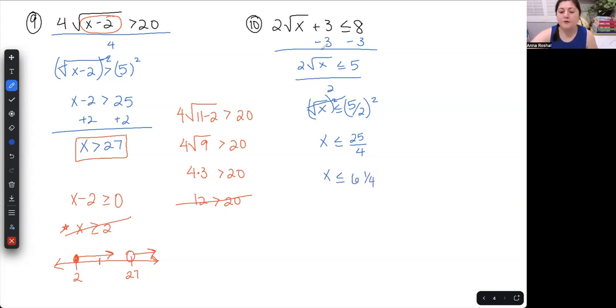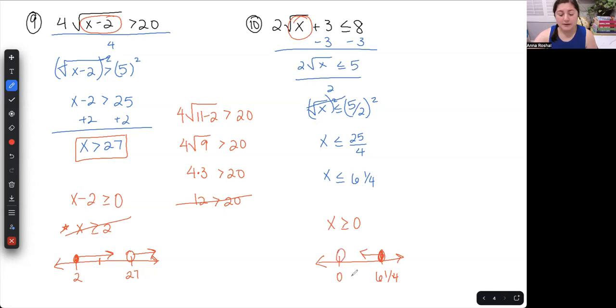All right. So now let's take a look at what's inside of my radicand. In here, it's just x, and we know that has to be greater than or equal to 0. So let's see what happens when we graph it. I've got 0 in here, and I've got 6 and a quarter here. At 6 and a quarter, I'm going to have a closed circle with an arrow pointing in that direction.